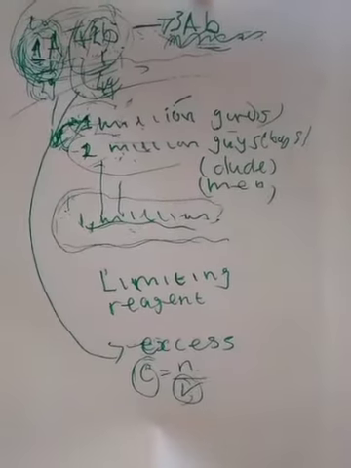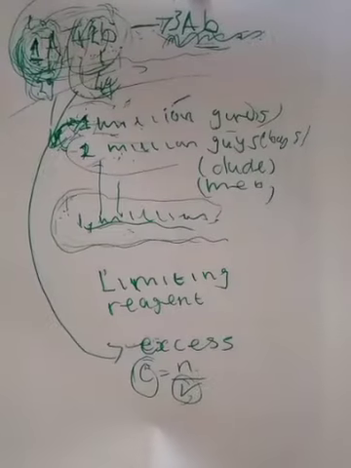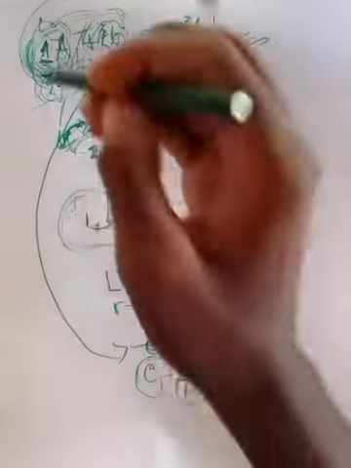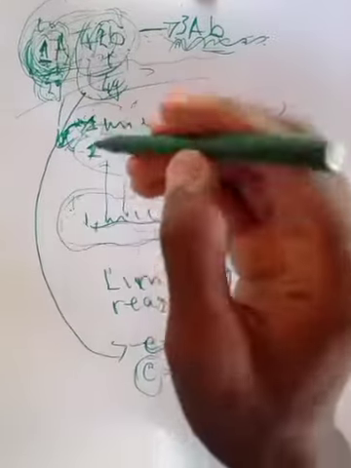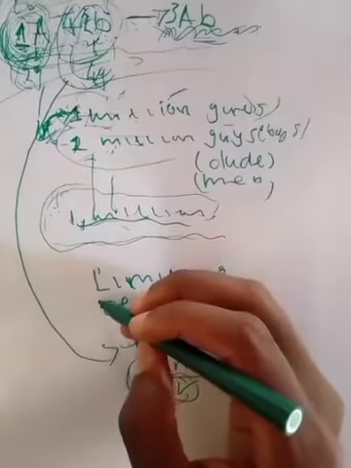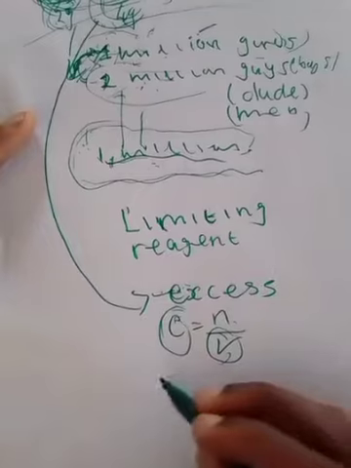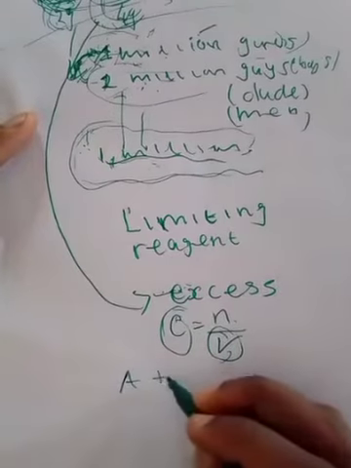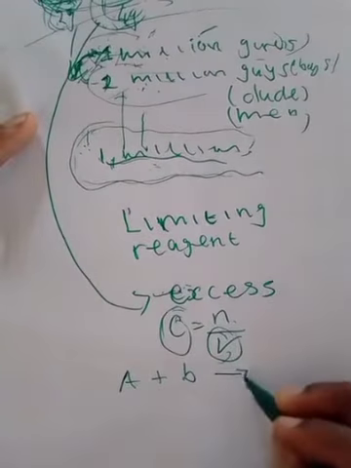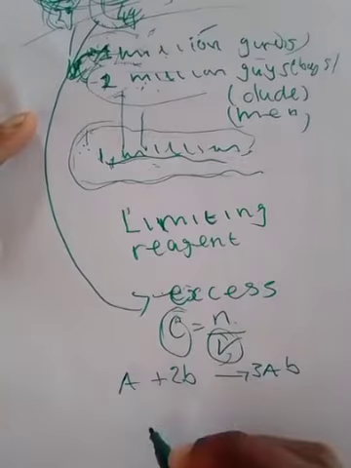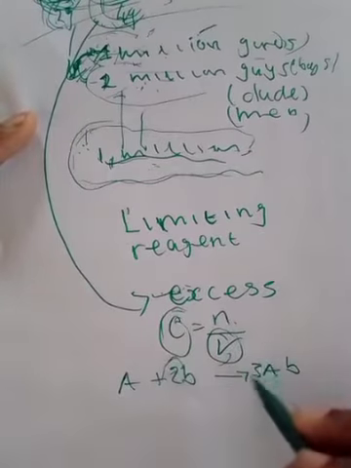You should be asking yourself that question. Then after you find the number of moles of each, you are going to use the stoichiometric coefficients. Let's say A plus B gives AB, and this is balanced by 2. These numbers I'm putting in front I'm just putting randomly. This is just an example.